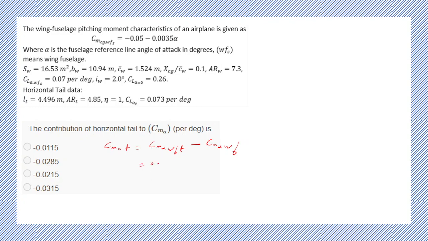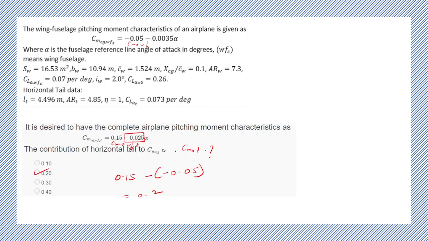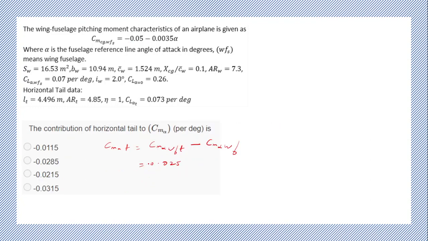So that is 0.2025. Negative sign was there. Minus of minus 0.0035. Yes. How much was this quantity? Minus.